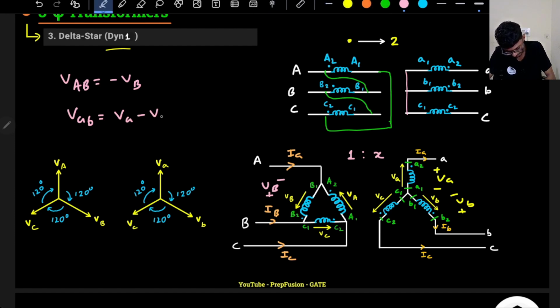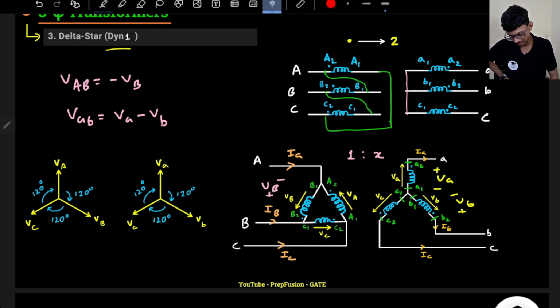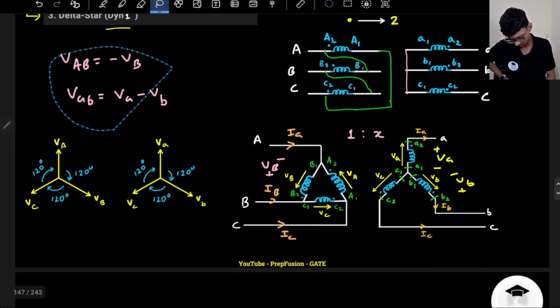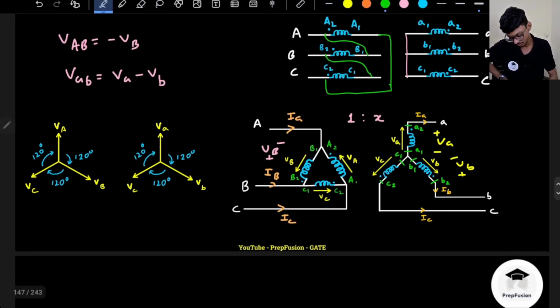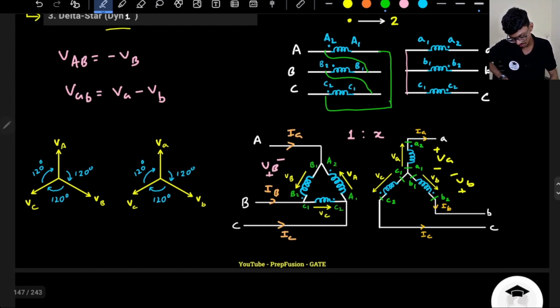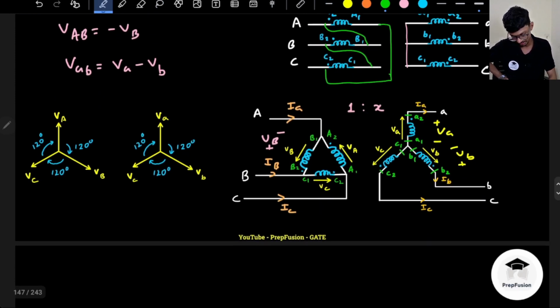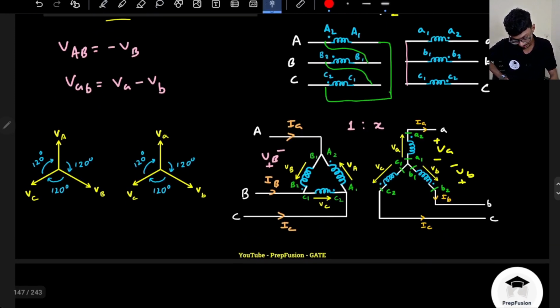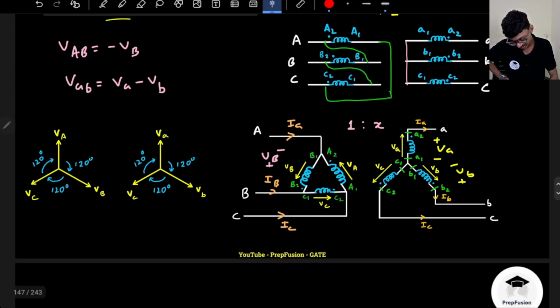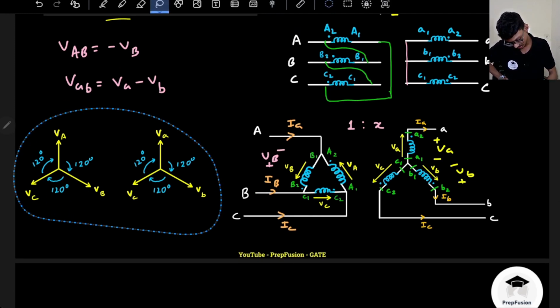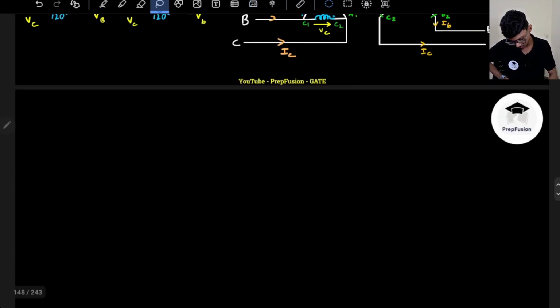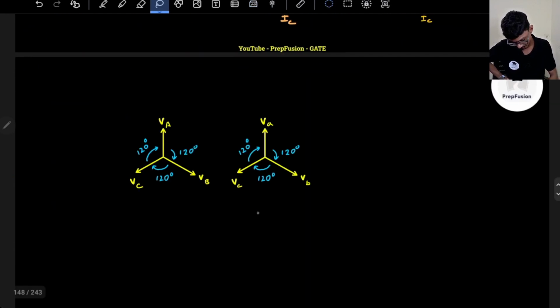Now let's discuss one thing. What is that thing? That thing is the phase difference between capital VAB and small VAB. So I will copy this and paste it over here.